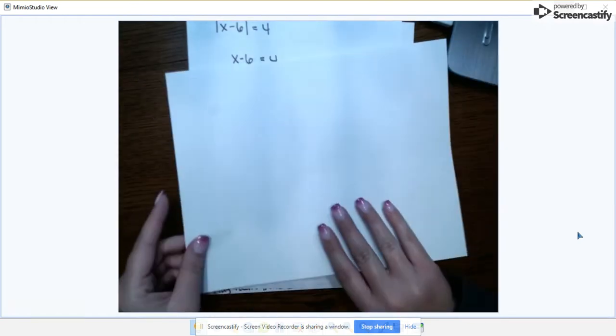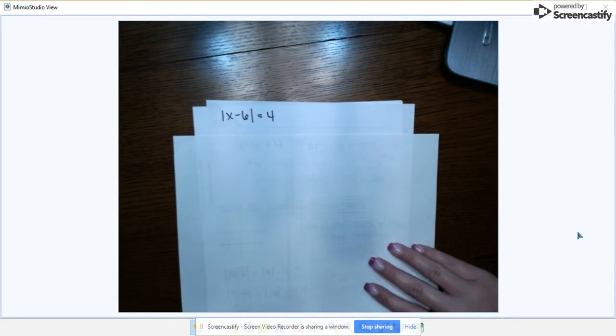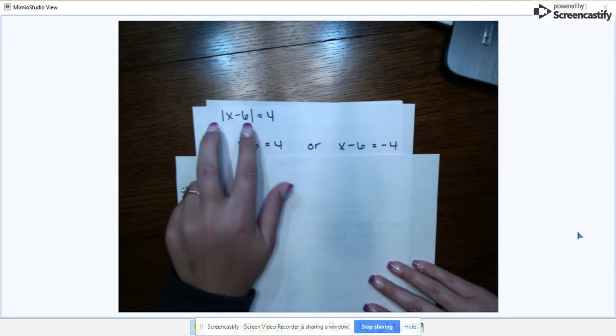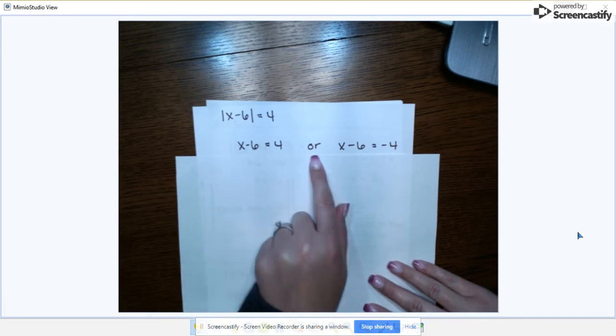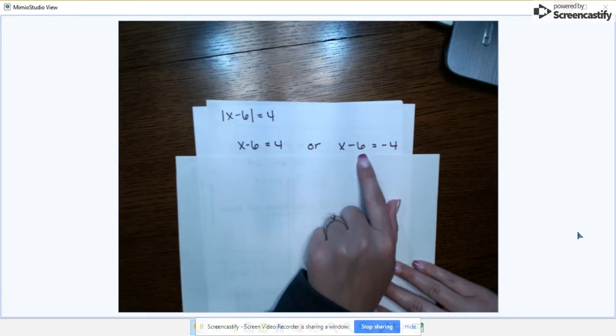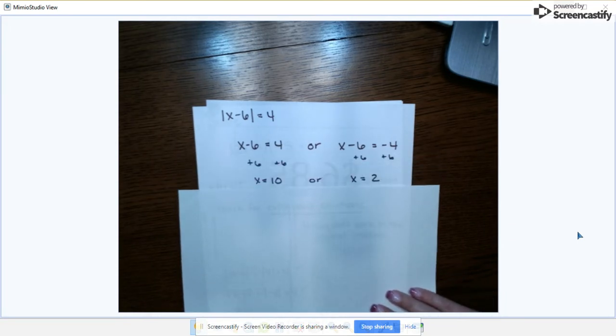If we have the absolute value of x minus 6 equals 4, we have two options. We have a positive answer and a negative answer. So I start by taking away my absolute values: x minus 6 equals 4. Or I can have a negative answer: x minus 6 equals negative 4. We solve both of these like a regular equation, add 6 to both sides, and we get x equals 10 or x equals 2.